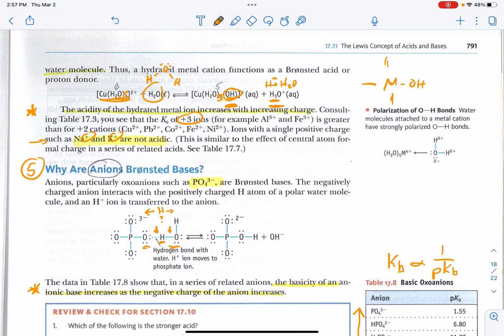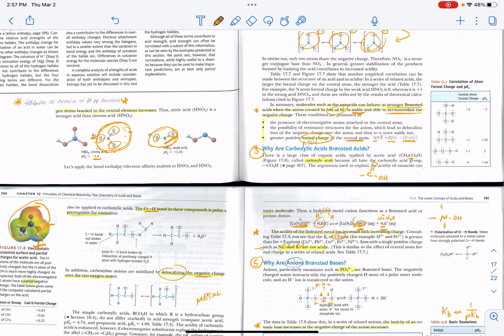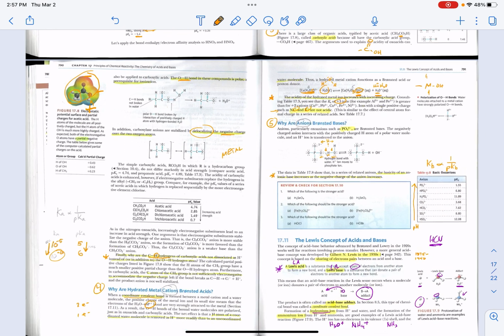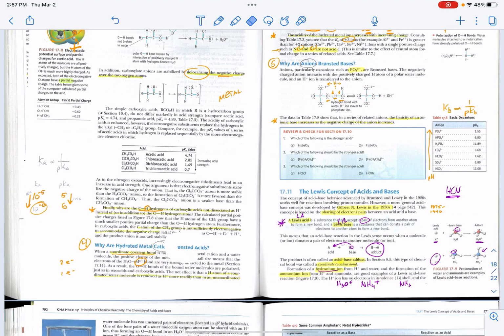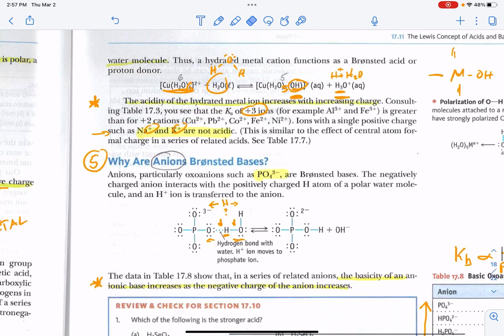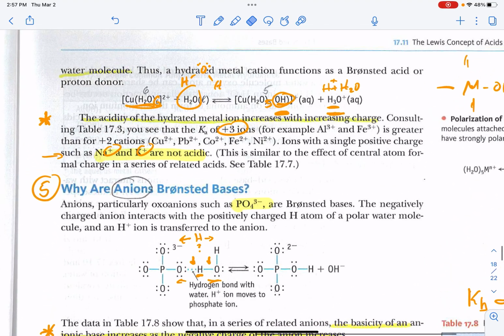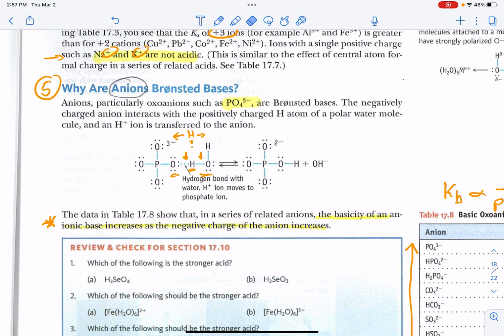As the chapter heading was talking about, you're acting like a Bronsted acid because you're donating a proton. Hope that made sense.